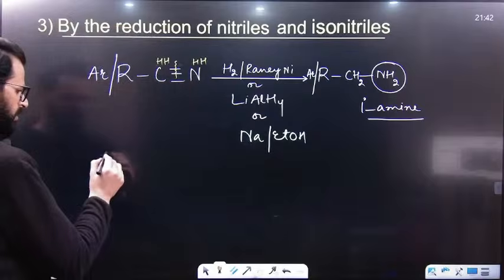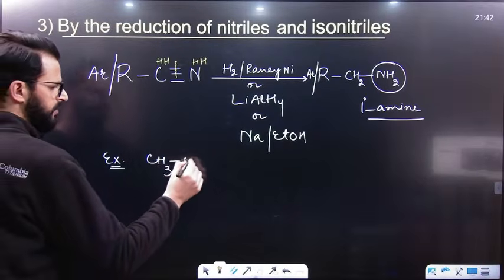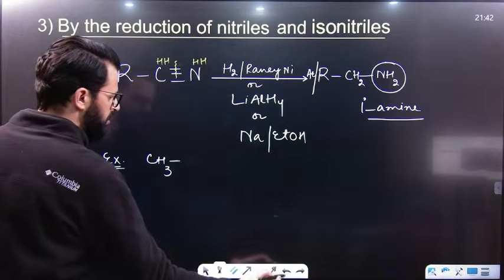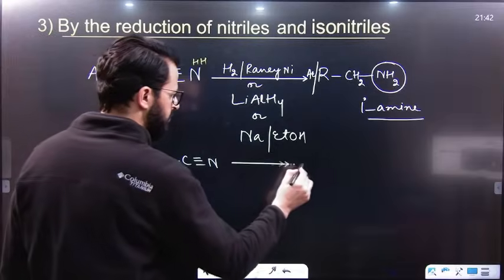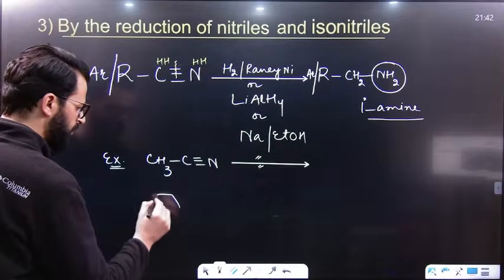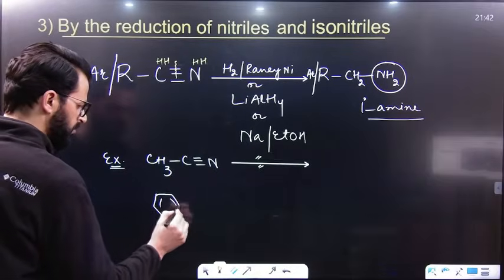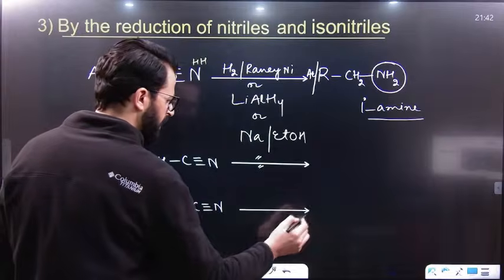Now, if you have an example like this, CH3, CH3, C triple bond N, what will be the product? Similarly, if you have benzonitrile, then what will be the product? Come on, let me know in the chats quickly.